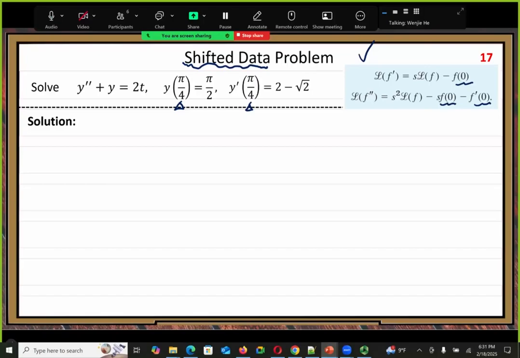We need to find a way to change that. Here you can see, because we have to use this formula, the question is, you need to use a function slightly different from y.